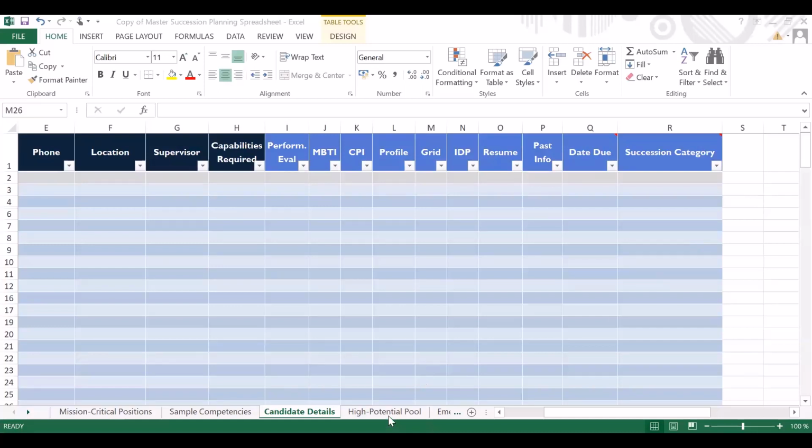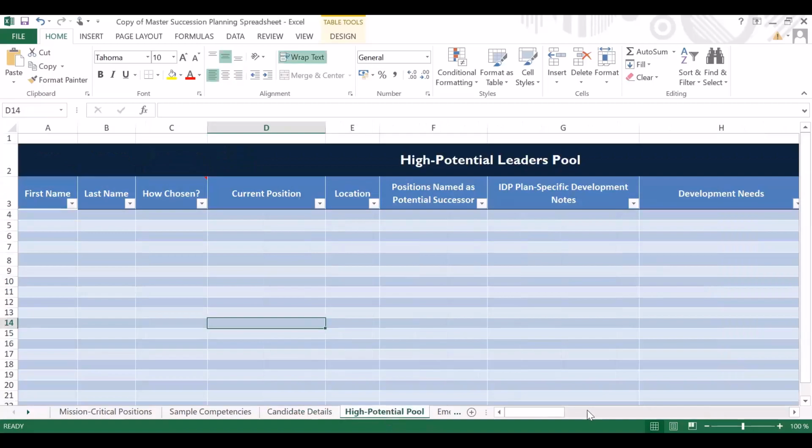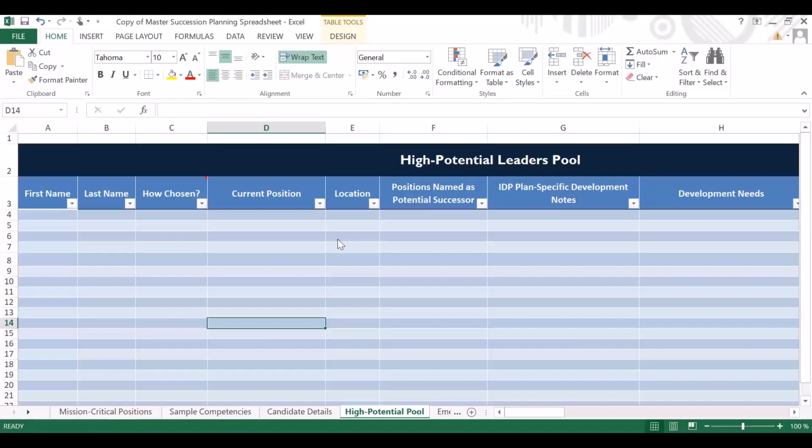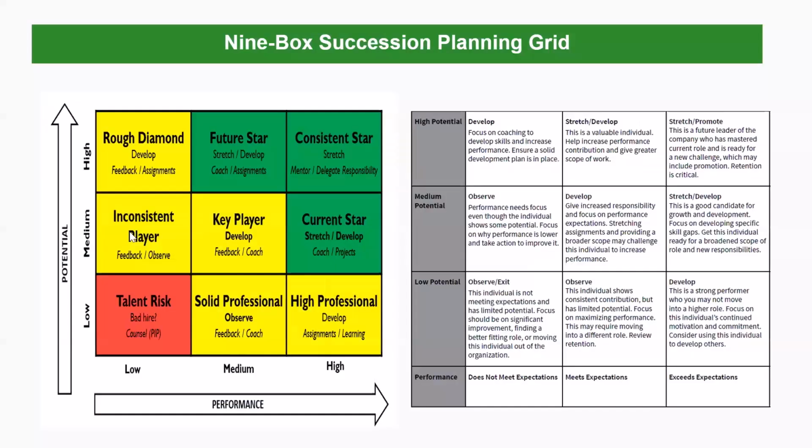Then the high potential pool, the people you have in your high potential pool. Let me quickly talk about the development angle to this, most especially for us that are in talent development. So having identified these people, the next thing that you need to do is to put in place interventions.